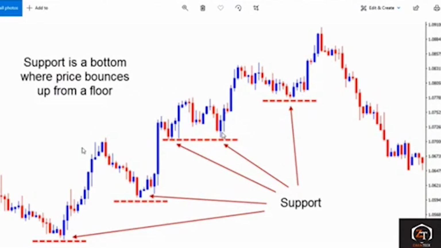So in forex trading, support is where the price touches and repels, touches and repels. Here you see at this bottom line, this dash line, are support areas where the market tends to hit and go up, hit and repel, as you can see in the picture below.